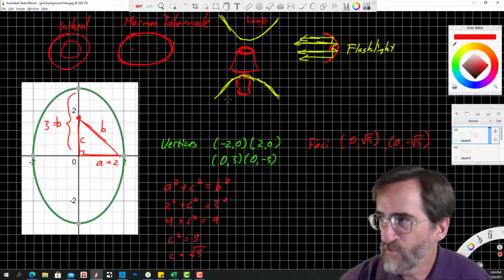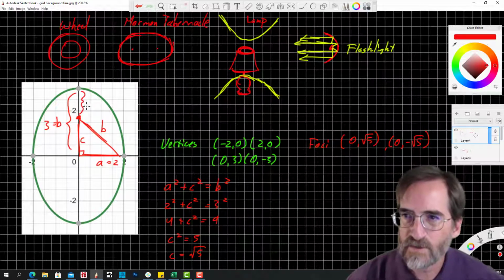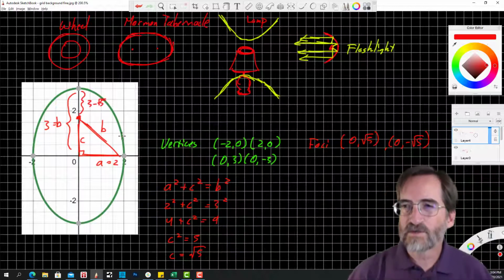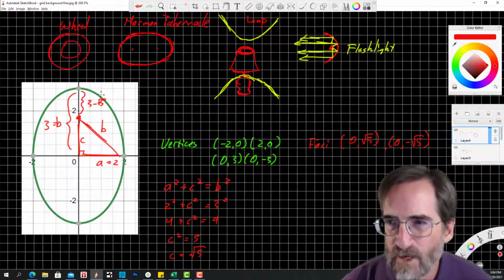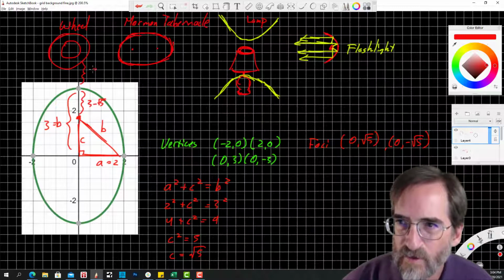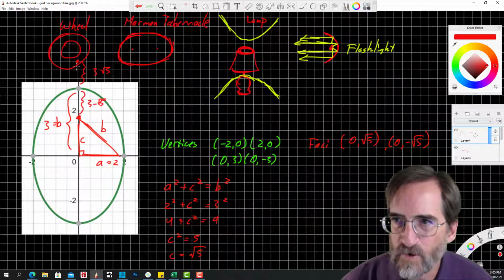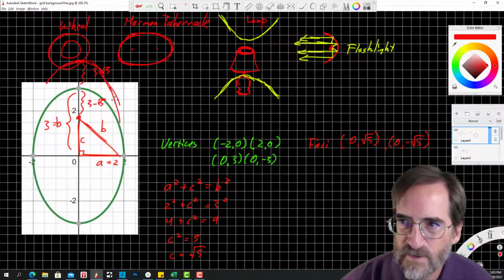That means this right here is the distance between focus and directrix, and that is 3 minus root 5. So we're going to just double that amount, right? We're going to double that amount and add another 3 minus root 5. So we're going to move the vertex out here, if that makes sense.